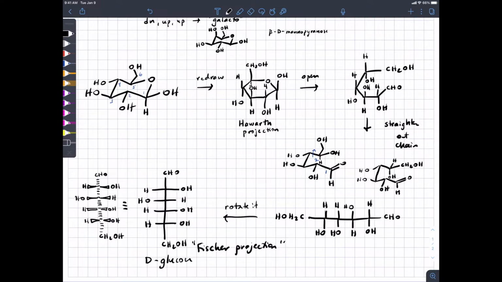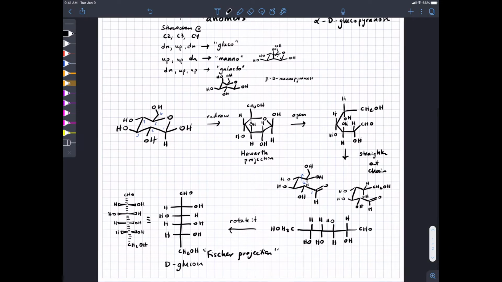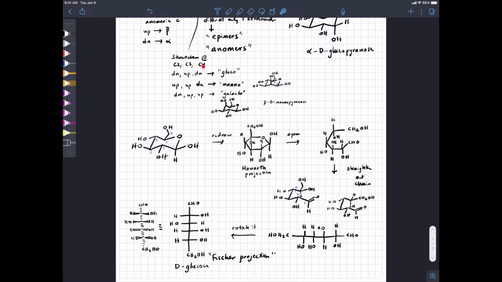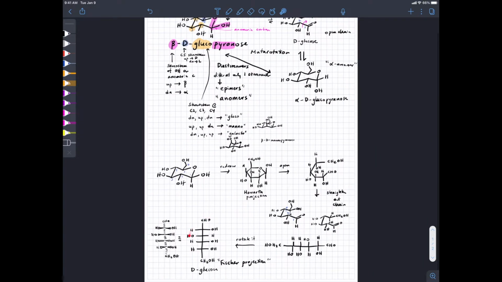Now, one advantage of the Fischer projection is it can be easier to see some of these stereochemical relationships. For example, the D isomer always has the OH group on the right side. And it's also easier to see the differences between glucose and mannose and galactose when you draw it this way. But again, this is not the biologically relevant form of glucose, in the sense that most glucose in solution is in its cyclic hemiacetal form.